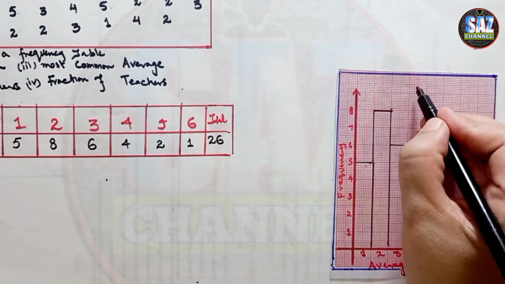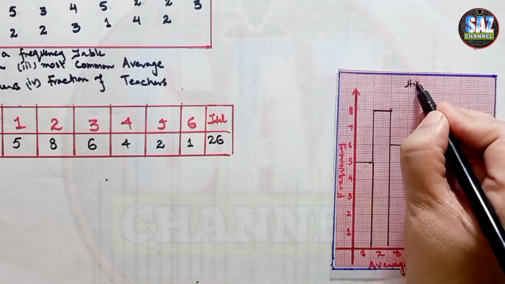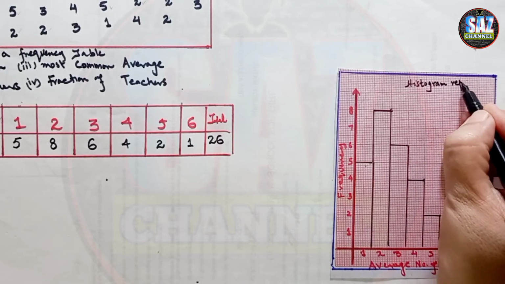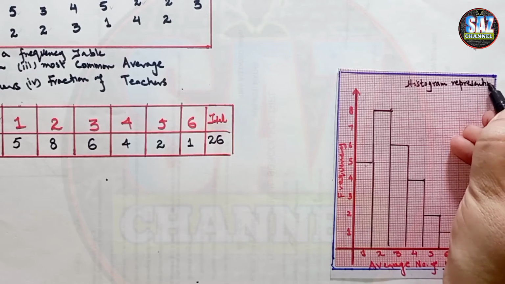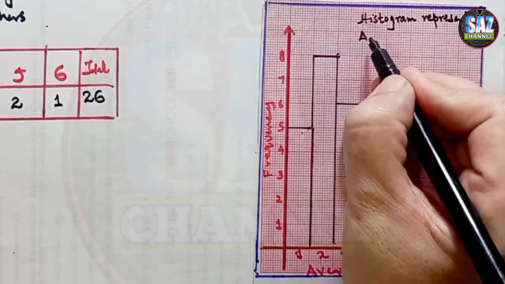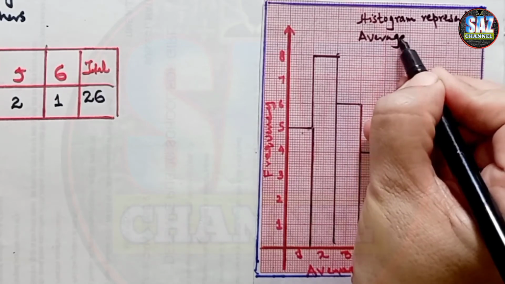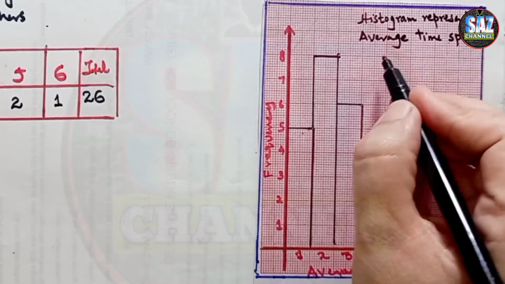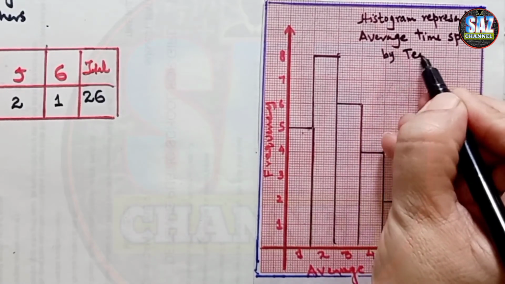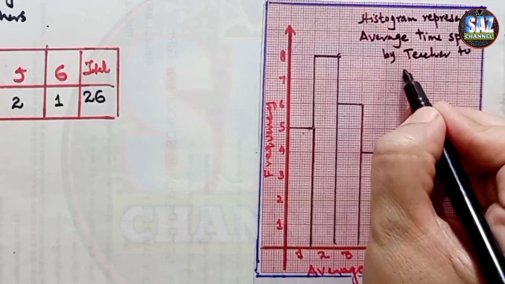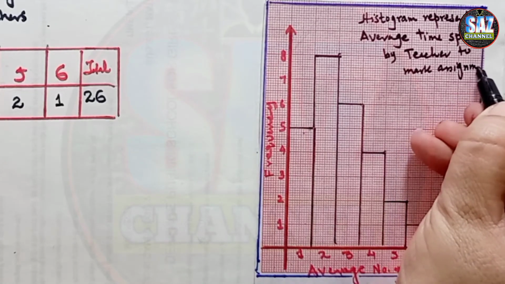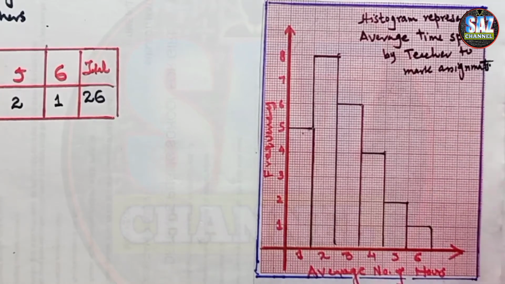Histogram representing average number of hours, average time spent by teachers to mark assignments.